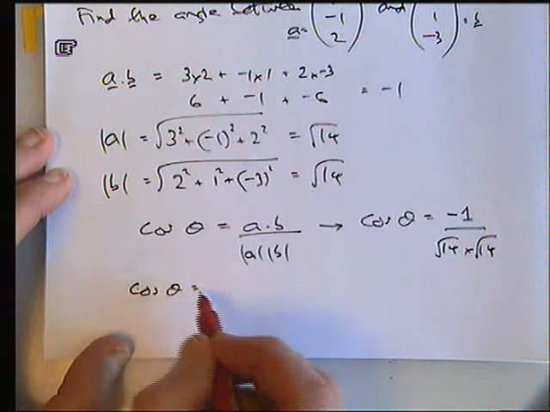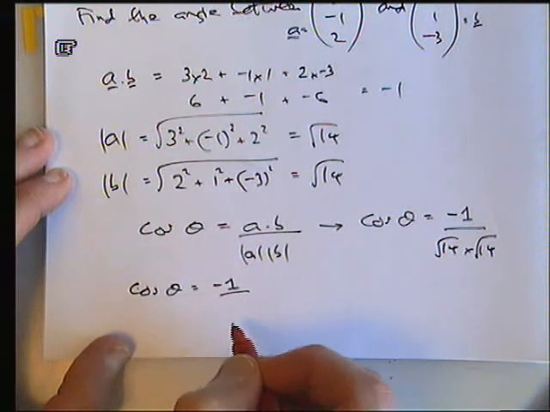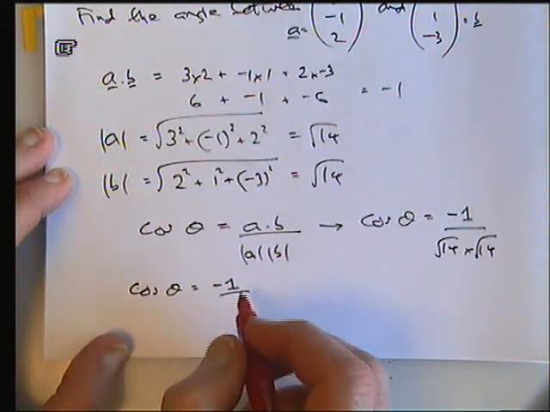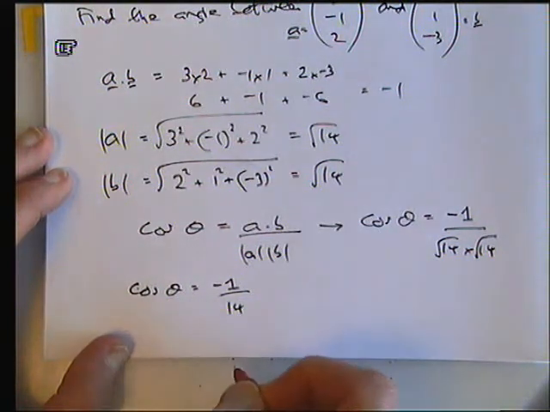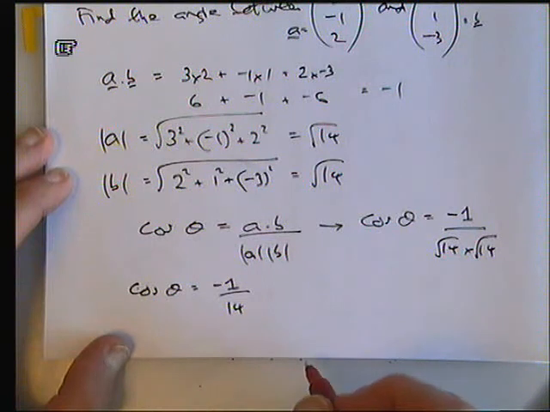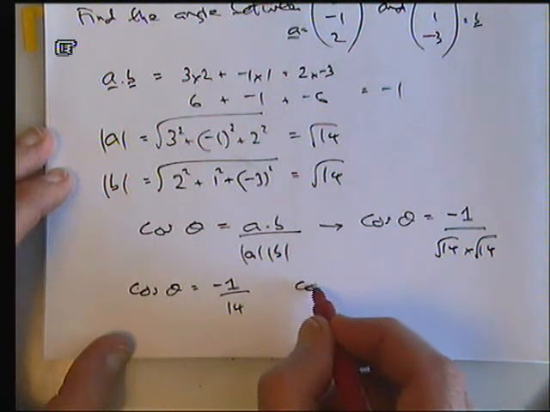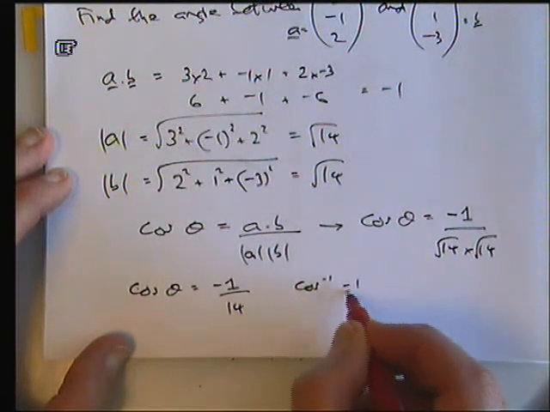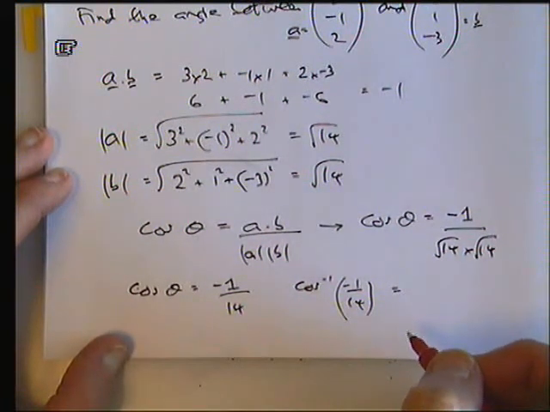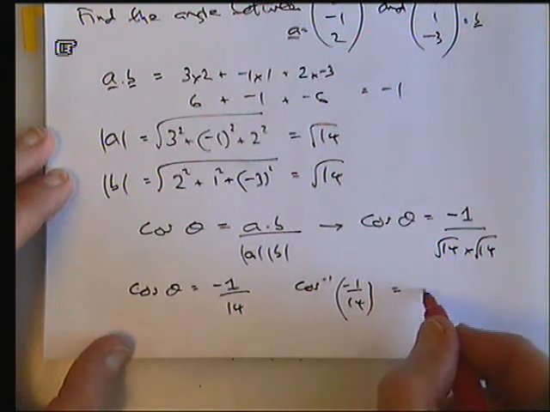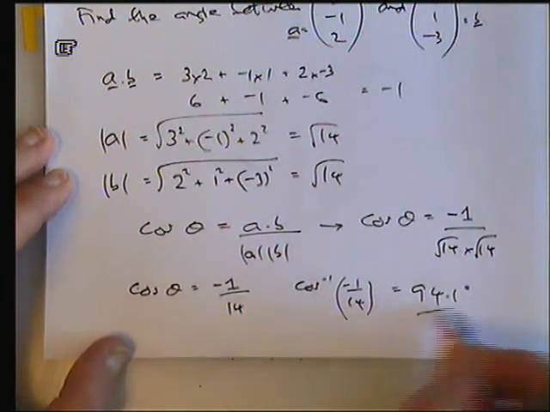So I've got cos of theta. Who would like to tell us all what root 14 times root 14 is? 14. So what do we do to find theta? Yeah, cos to the minus 1, shift cos, whatever you want to call it. I got an answer here in degrees. 94 degrees, yeah, 94.1 degrees.